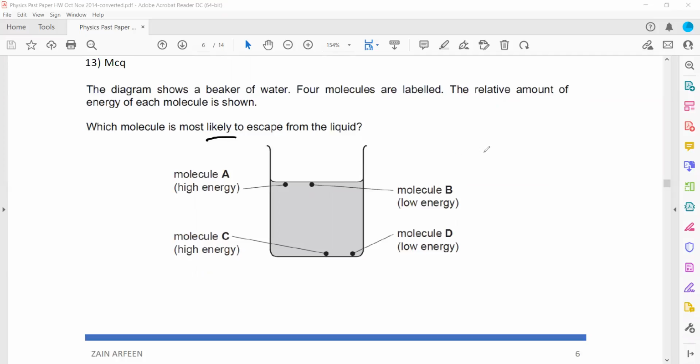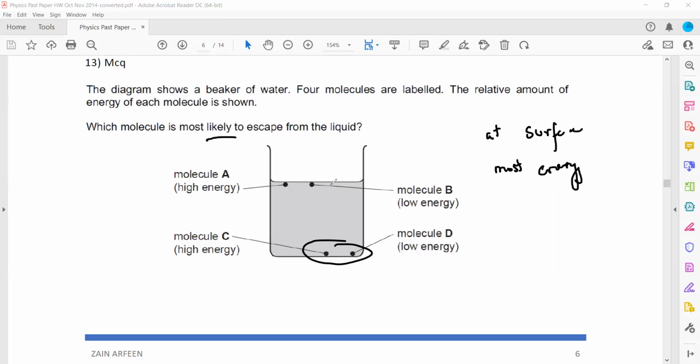So first thing, during evaporation, it should be a molecule which is at the surface and which has the most energy. So the most energetic molecules are likely to leave the surface because they will have sufficient energy to go out. When we check the options, it cannot be C and D because C and D are at the bottom.